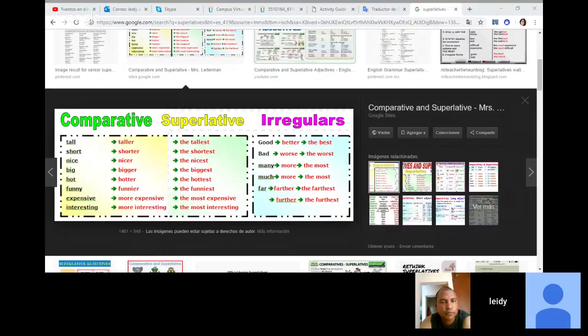I learn adjectives, comparative and superlatives. Okay. You say that you understand about the comparatives and superlatives, yes?